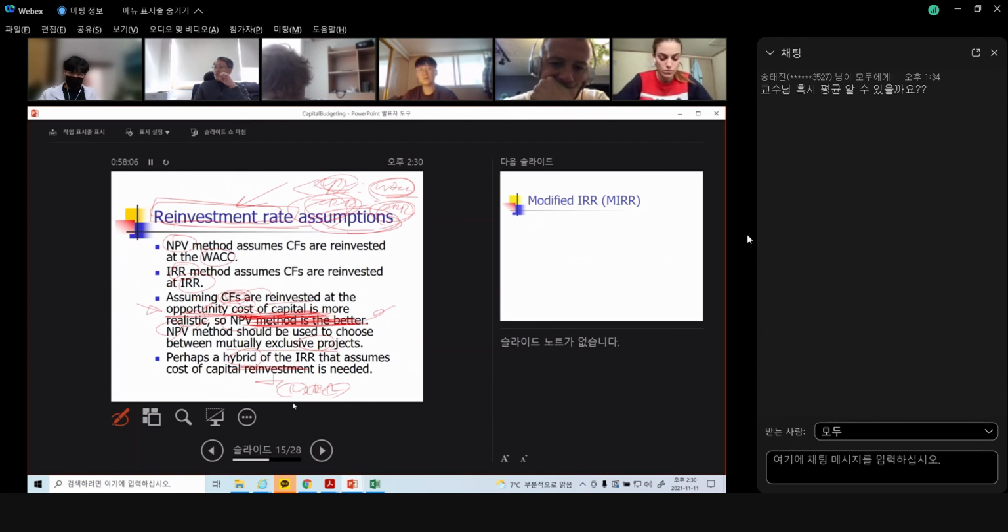Finally, even if we use IRR, if we assume that cash flows during the project can be reinvested at not the IRR but the WACC, then it's okay, right? Then we may be able to use IRR as well. That method is called MIRR, modified internal rate of return.